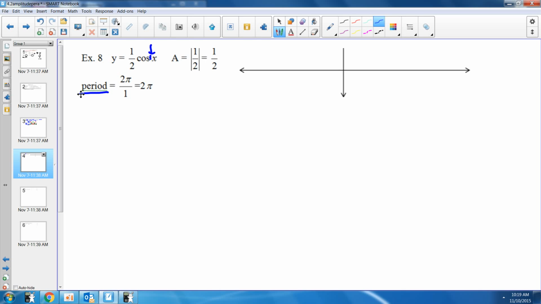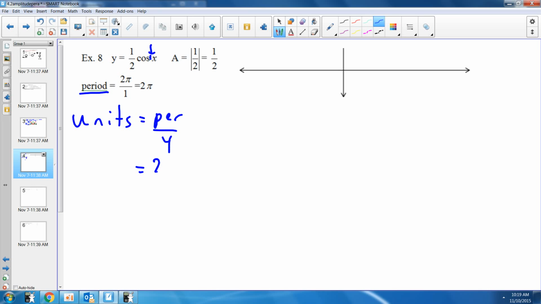But next what I want you to do, which is not written, I don't think, in your papers, is to find something called units. And units are going to be really important as we go forward. So you're going to want to put this in a box and star it. And the units are going to be your period divided by 4.